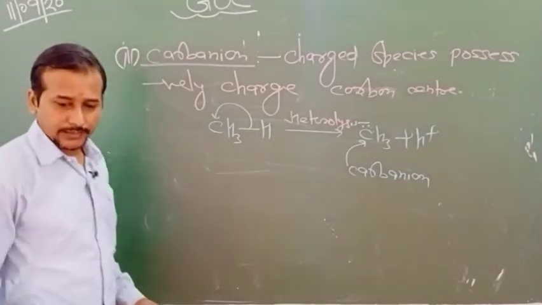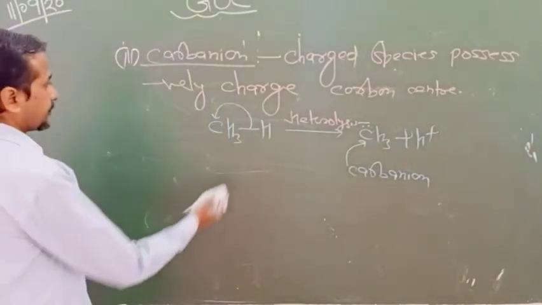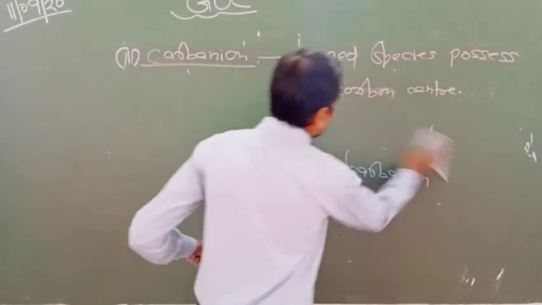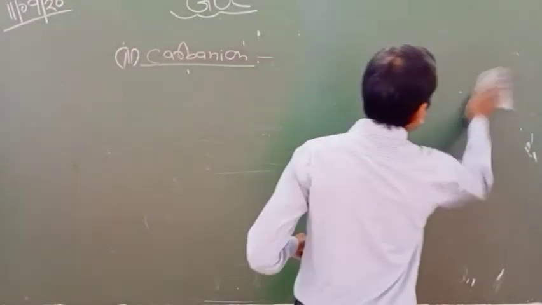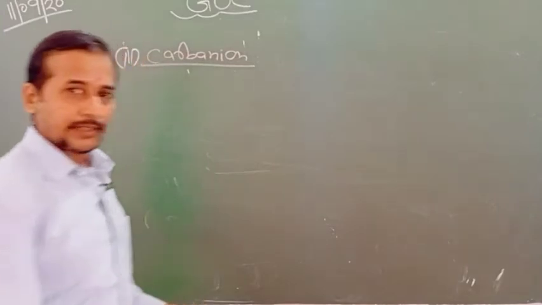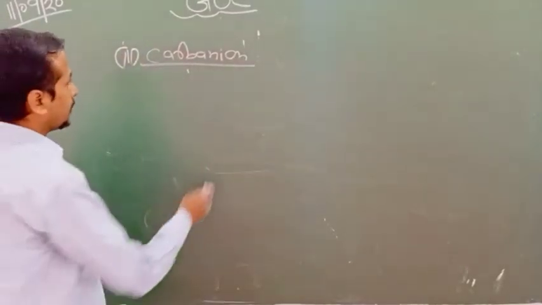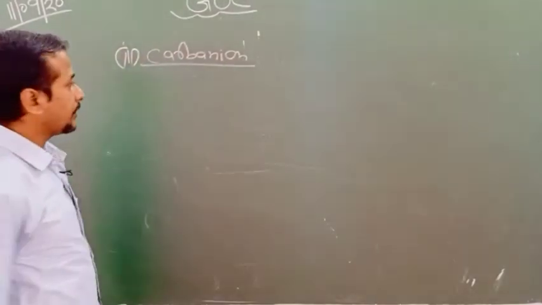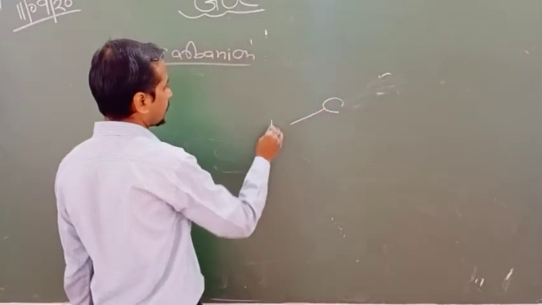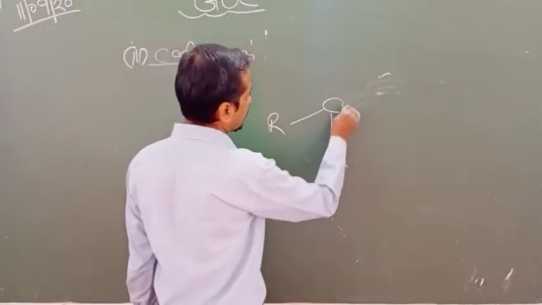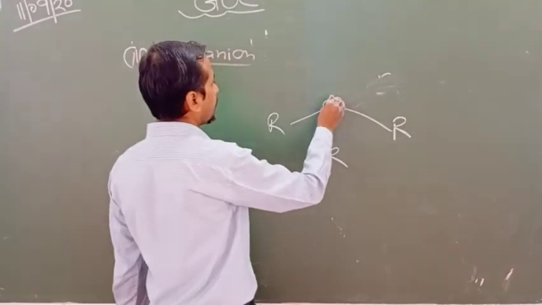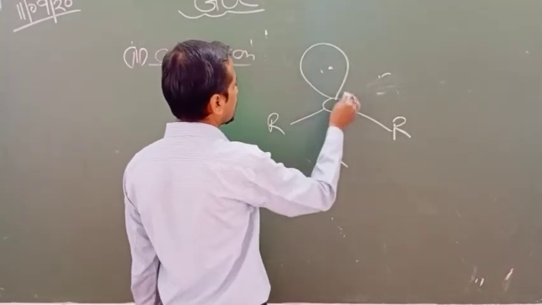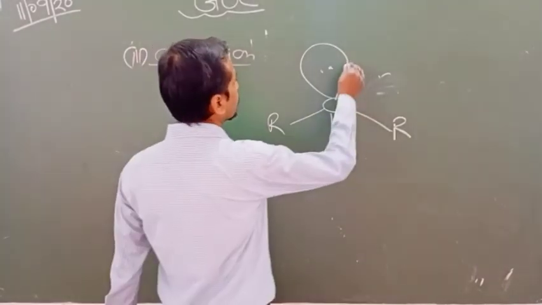Now look at the structure of carbanions. Here I will focus on the structure of carbanions and then properties of carbanions, and also the reactions in which carbanions are intermediates. It has a pyramidal shape just like ammonia.